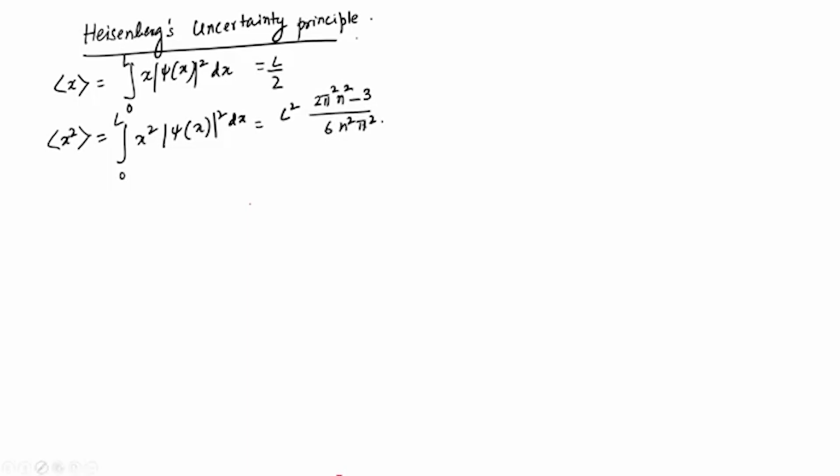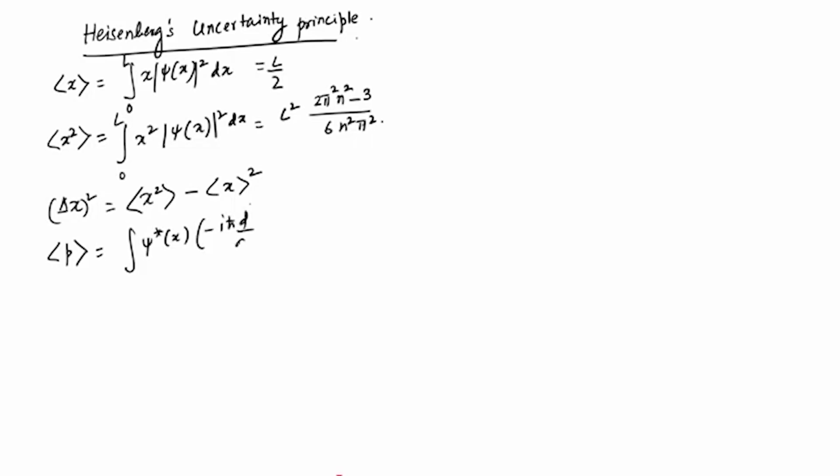Okay. And then you can calculate delta x square, which is equal to the average of x square minus the square of the average of x, and you can also calculate p, but for calculating p you need to be a little more careful. You have to use psi star of x times minus i h cross d dx of psi of x.